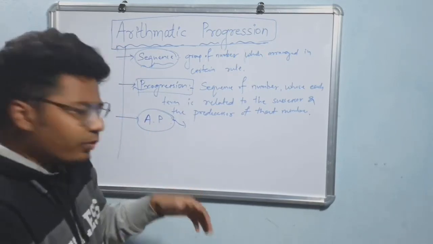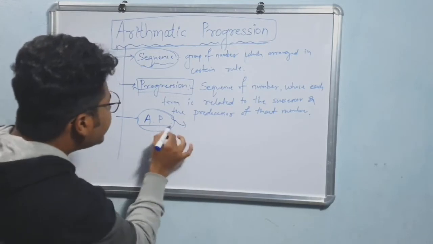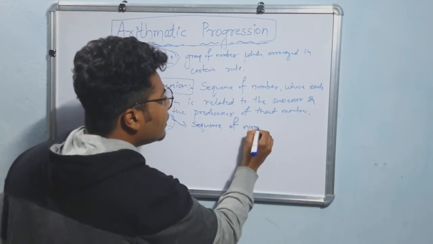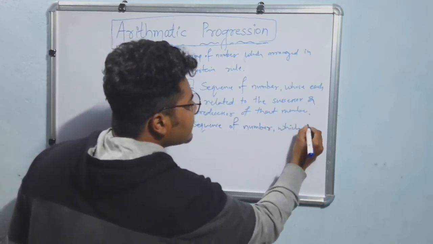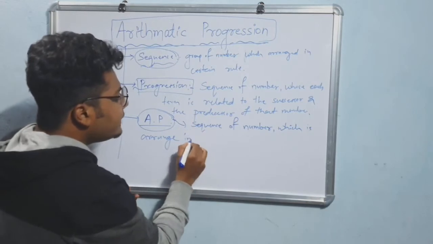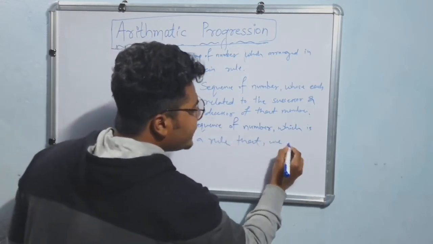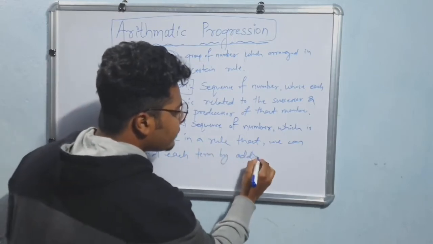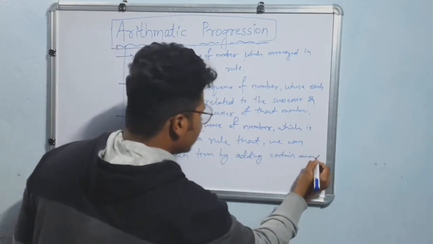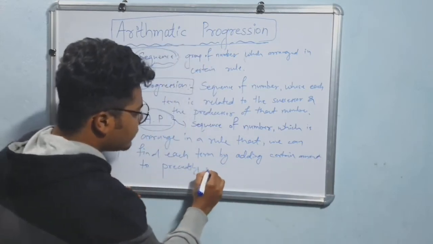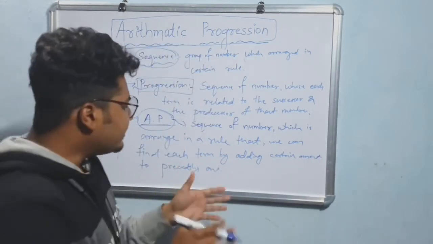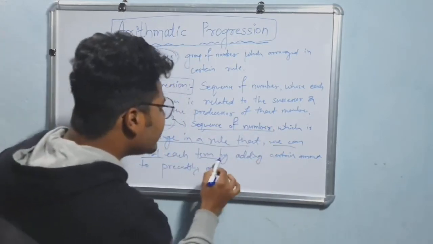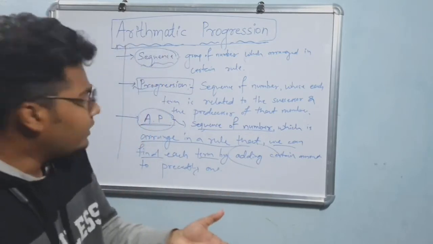Arithmetic progression is a sequence of numbers arranged in a rule such that we can find each term by adding a certain amount to the preceding one or the previous one.